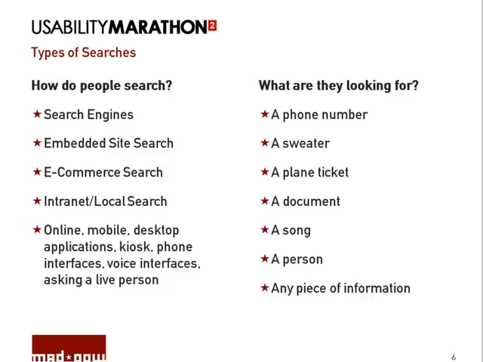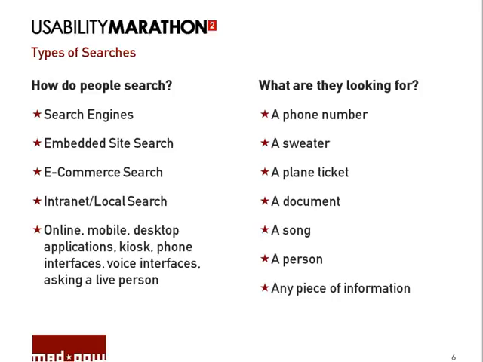So how do people search? We're obviously familiar with search engines like Google, Bing, and Ask, and different search engines in different geographic regions of the world as well. And then also embedded site searches. You go to a specific site, it might be a corporate site or a marketing site, and there's a search tool embedded to help you find information on that specific site.